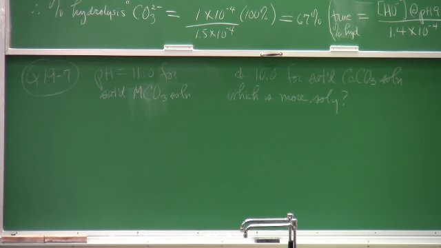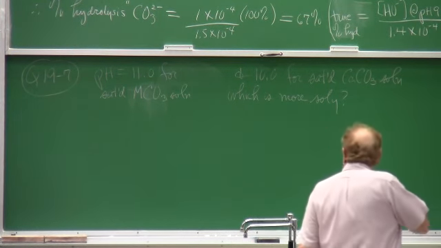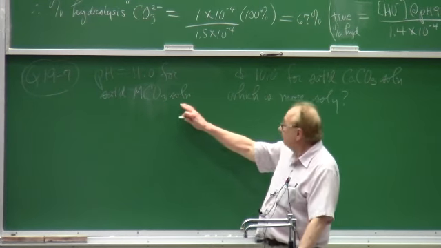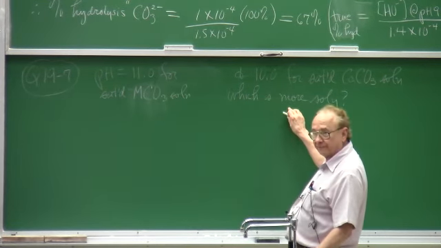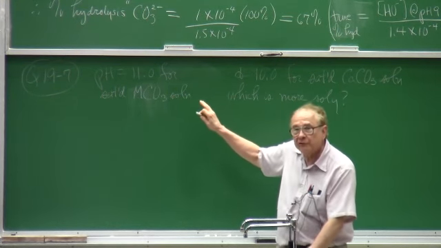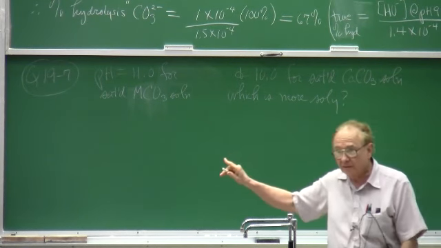There has to be a greater solubility shown by this stuff than this stuff, because in each case, the observed pHs are attributable to carbonate ion hydrolysis. Okay so far?